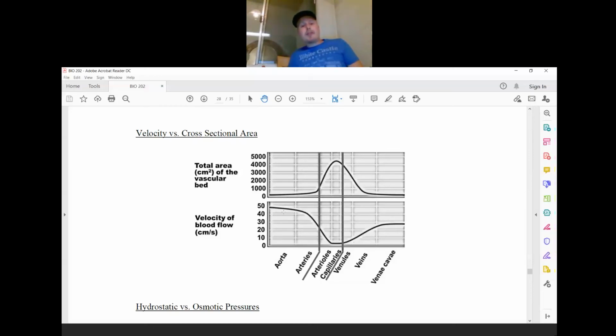So as the total cross-sectional area increases, the speed of the blood decreases. So the slowest speed is at the capillaries because the total area of the vascular bed in the capillaries is the largest. And that makes sense because we want the blood to flow slowly through capillaries because that's where the exchange happens.